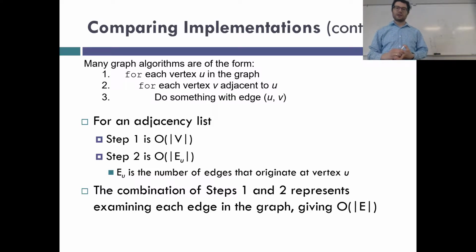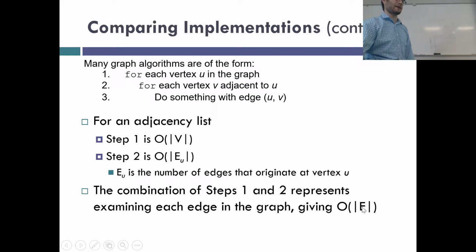So in an adjacency list, the outer loop is for every vertex in the graph. Step 2 is for every edge that's next to me, do something to that edge.